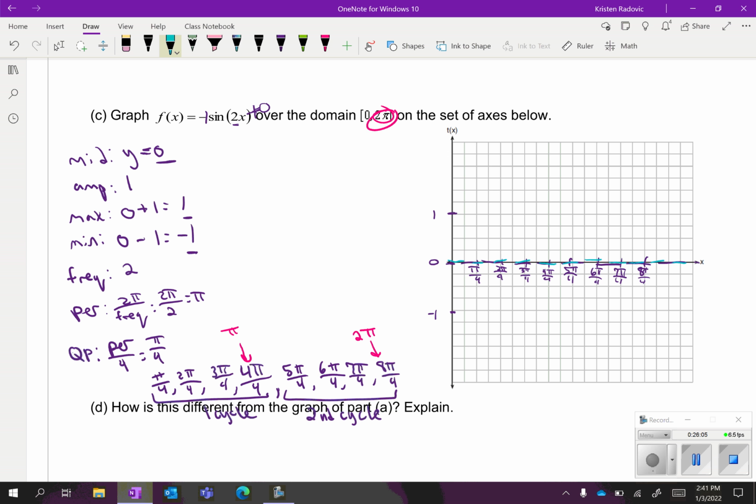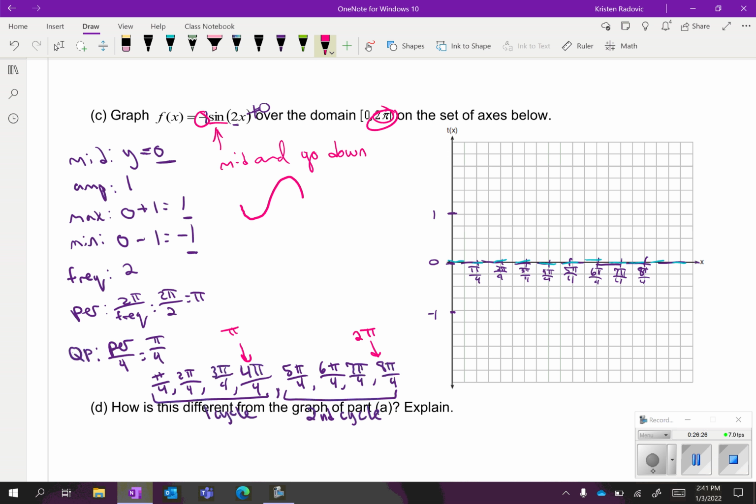There we go. Now, this is a negative sine curve. So that means you start at the midline, and because it's negative, you are going to go downwards. We're going to start down first and then go up.